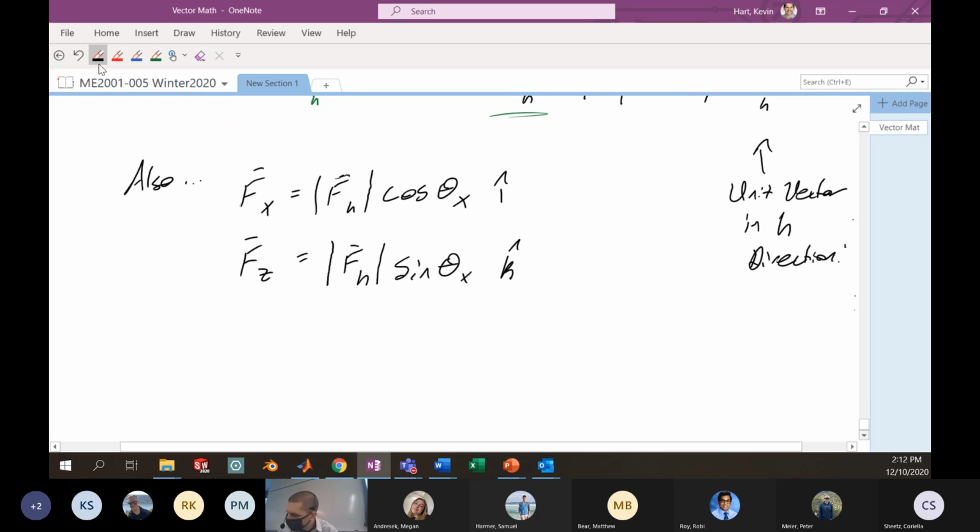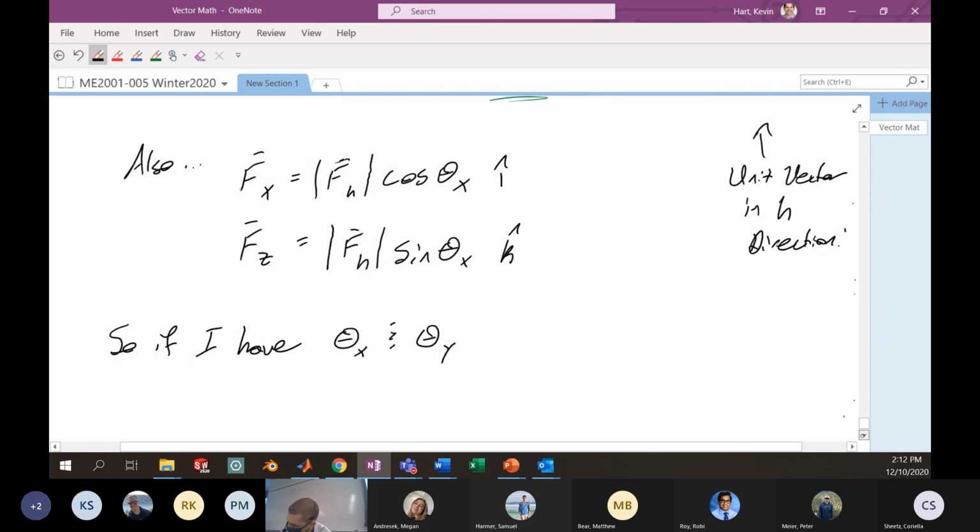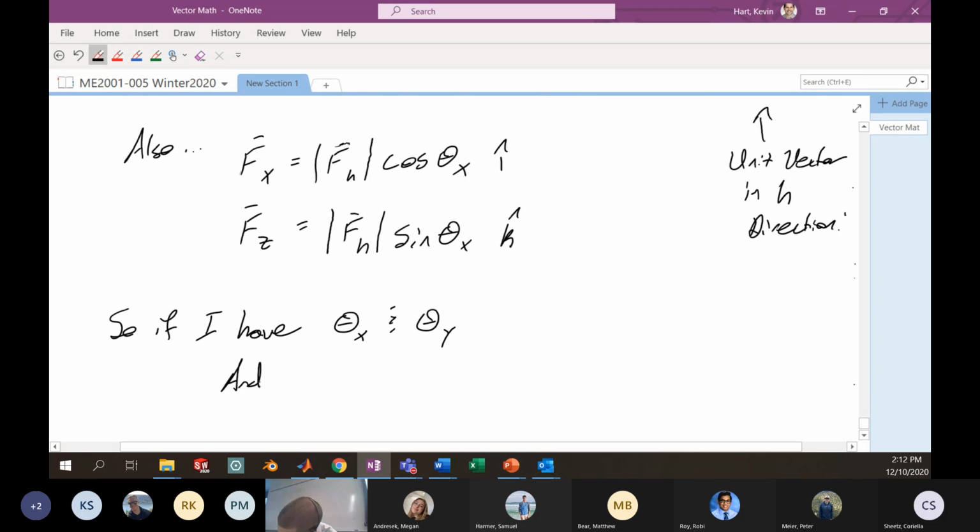So my point is, if I have, let's say, theta x and this theta y that I showed in the picture above, and I know the magnitude of the force, then I can resolve into components.